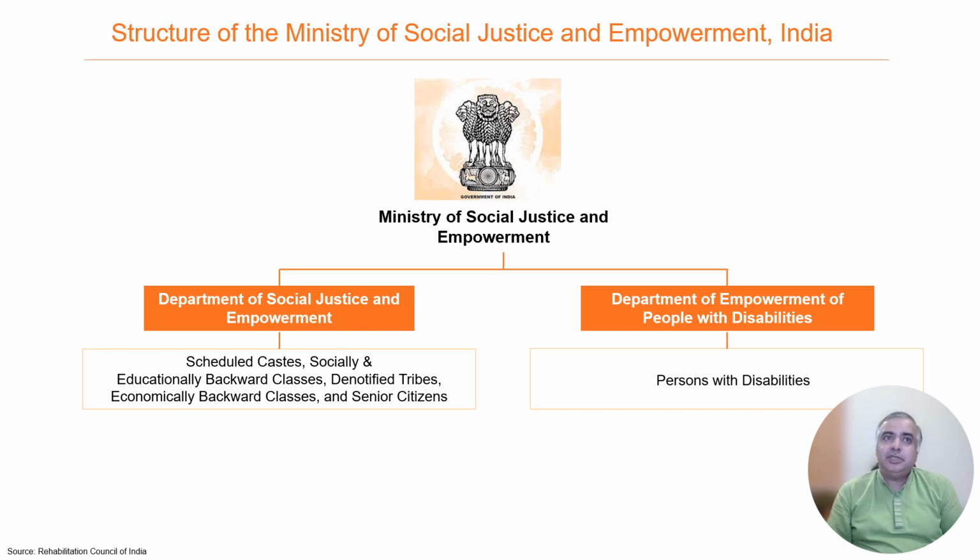Department of Social Justice and Empowerment is one vertical which works under the ministry for the scheduled castes, socially and educationally backward classes, denotified tribes, economically backward classes, and senior citizens. At the same time, under the same ministry, there is a separate vertical which is for the Department of Empowerment of People with Disabilities.